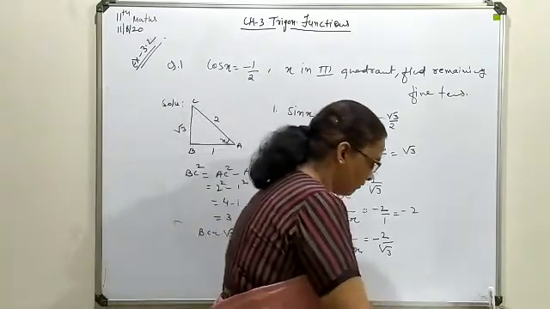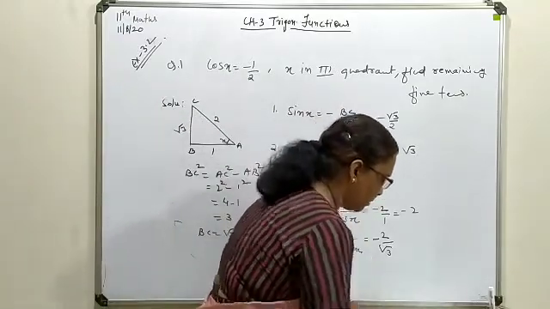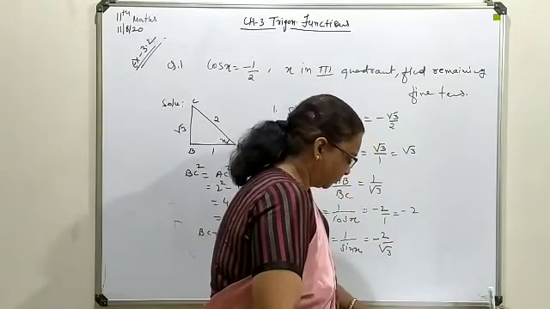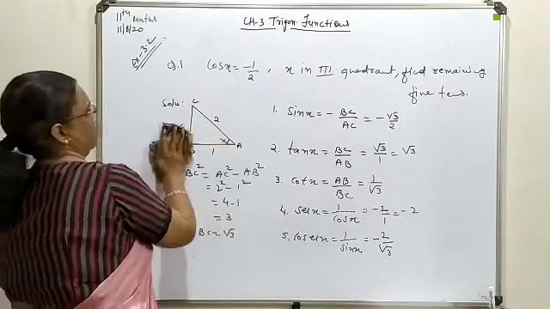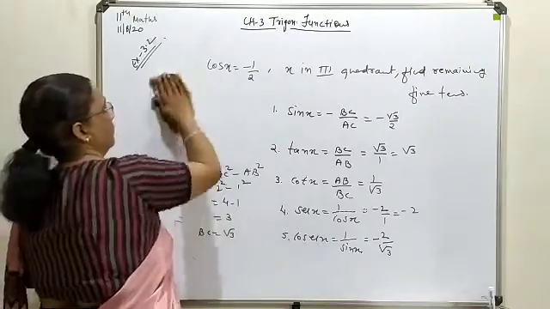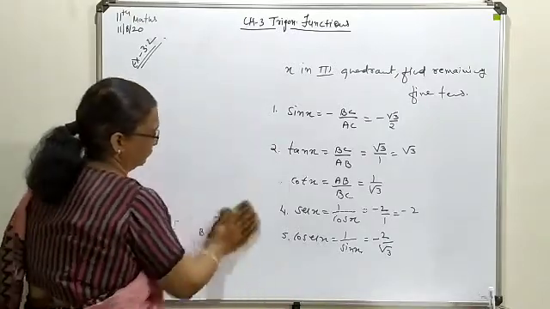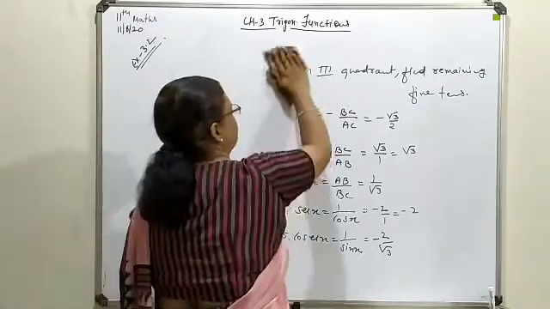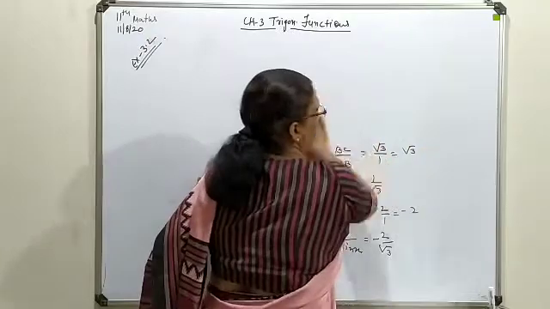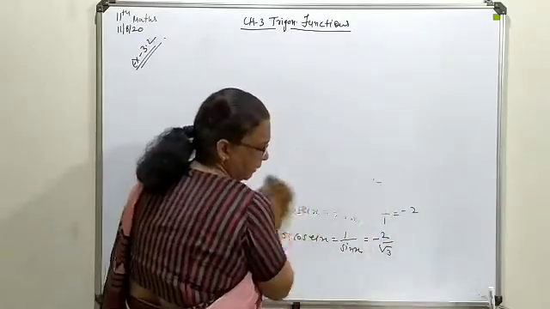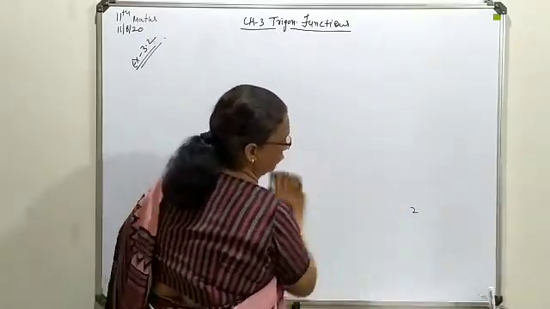Now one more question we find here, that is question number 4. In the fourth one, sec is given and x lies in the fourth quadrant.